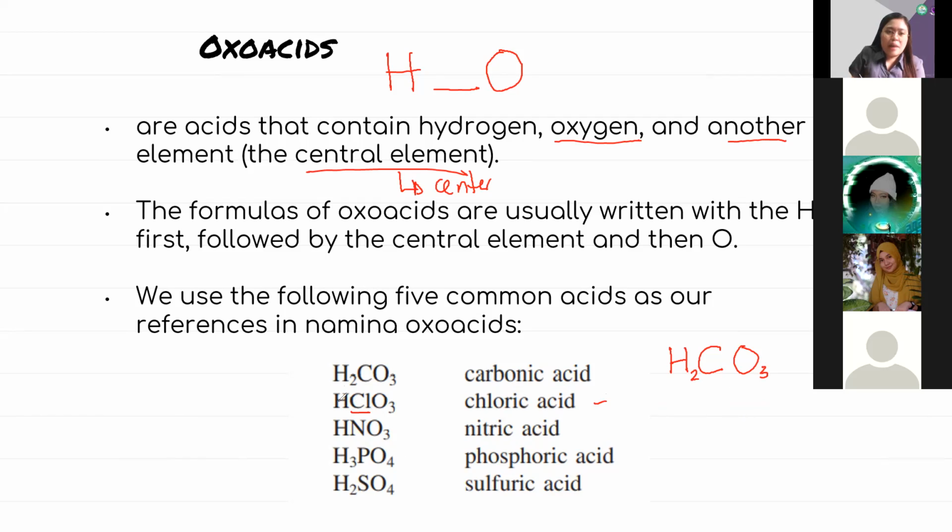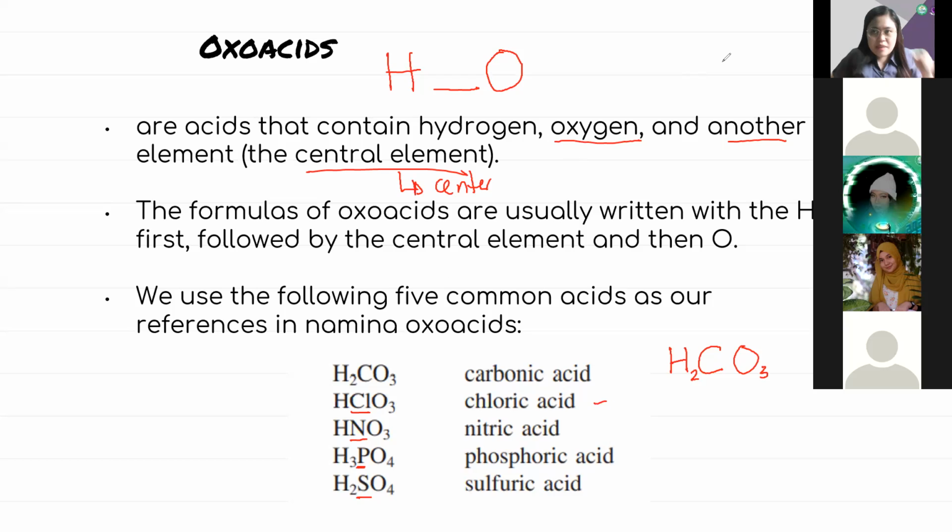Nitric acid also has H and O, and the central element is nitrogen. And phosphoric acid, the central element is phosphorus. So these oxoacids differ in their central elements, but they are similar in having hydrogen as the first element and oxygen as the last. That is also true with sulfuric acid.